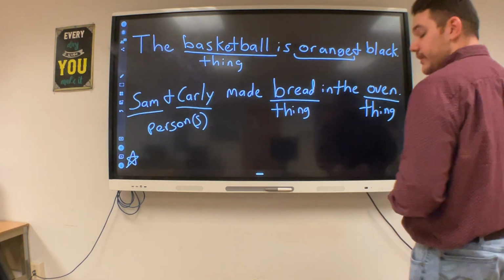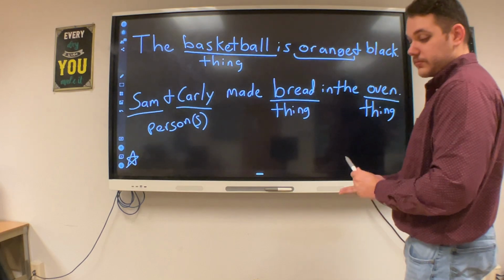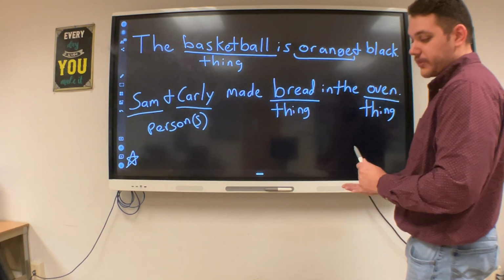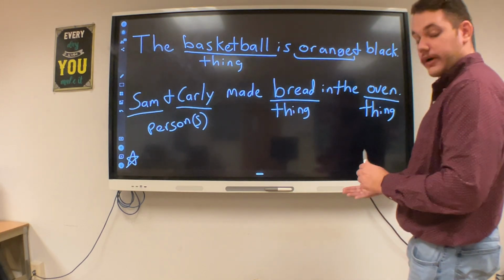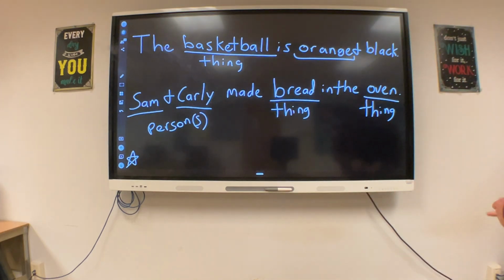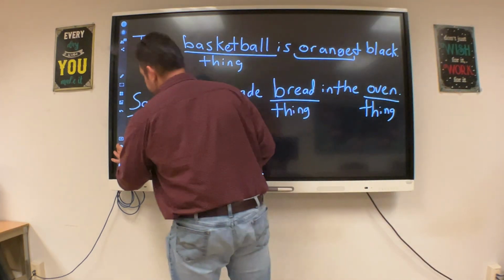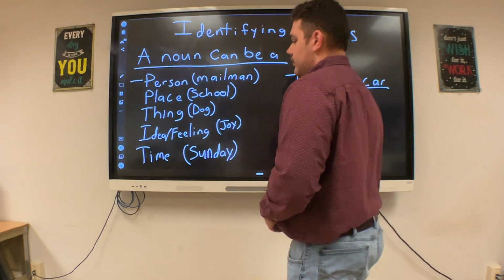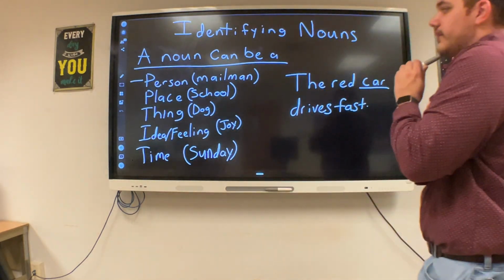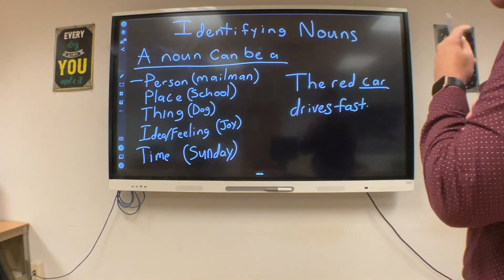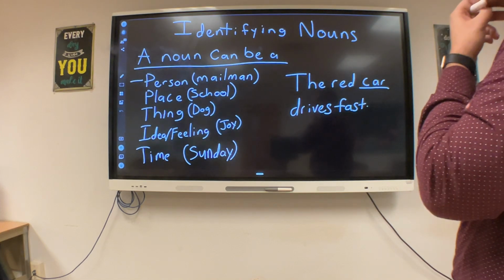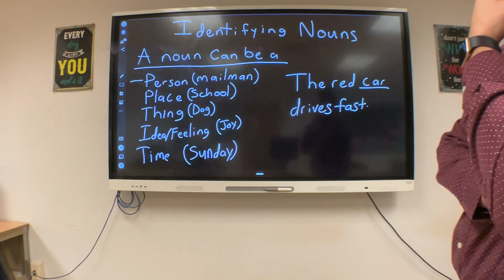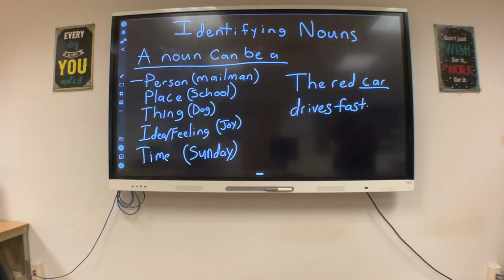But that's honestly it. You have person, place, thing, time, or idea or feeling. Let's go back over that list. An example of a person could be a mailman, or a specific mailman, like Frank. For a place, you could say the school, the store, any kind of place.